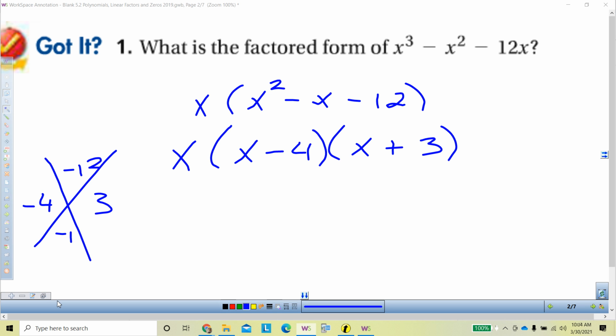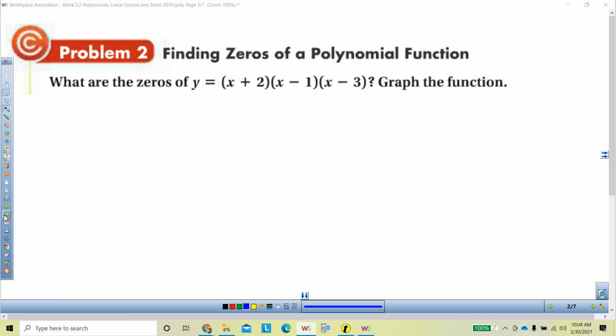So that's why it's -4 plus 3 instead of +4 minus 3, because we have the -1 here. So when the top's negative, the signs are opposite. When the bottom's negative, the bigger factor is negative. When the bottom's positive, bigger factor is positive. Simple as that. Okay, write this one down.